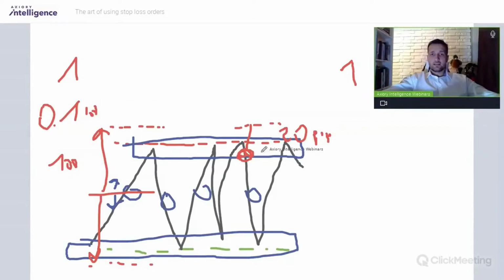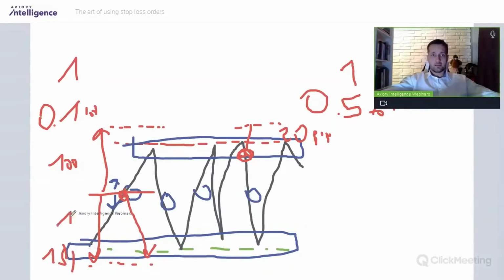And in this case, you can open 0.5 lot. Which means the loss is the same because you're losing $1. But when the price from here goes here, you will earn $1 because the price made 100 pips.